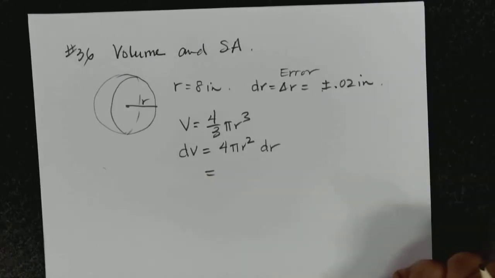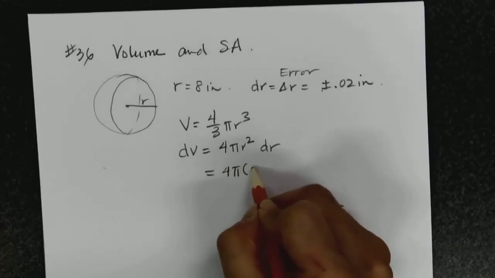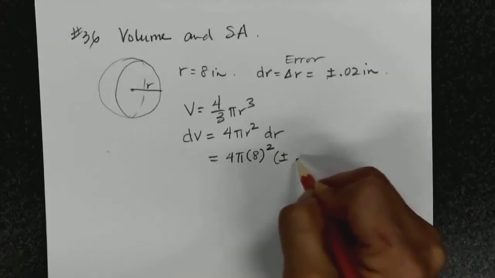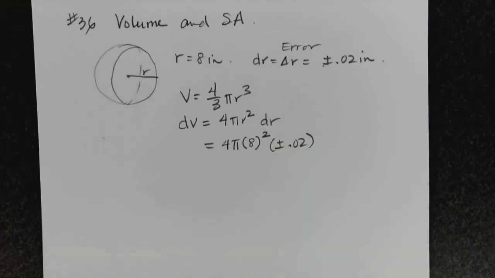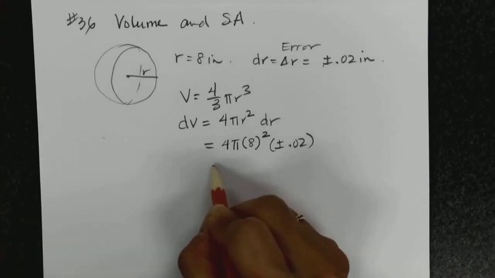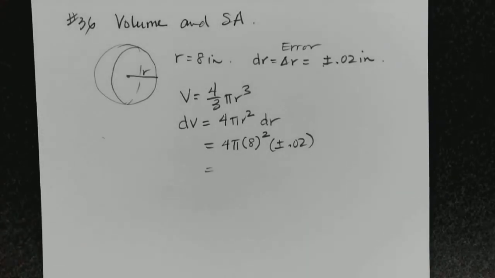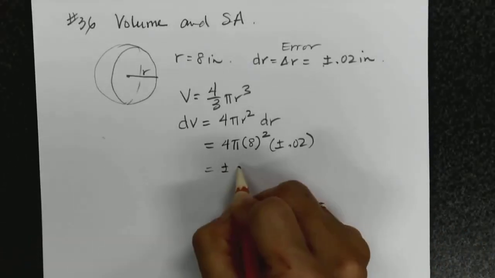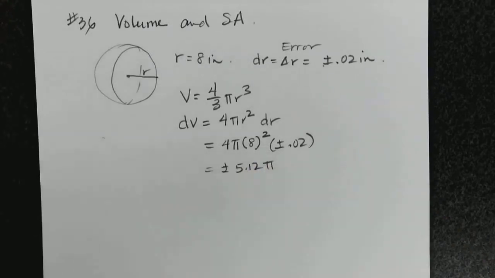So dV, the propagated error for volume, is 4 pi, 8 squared, times plus or minus 0.02. So I'm going to be off by, I'm going to leave it in terms of pi, 5.12 pi.